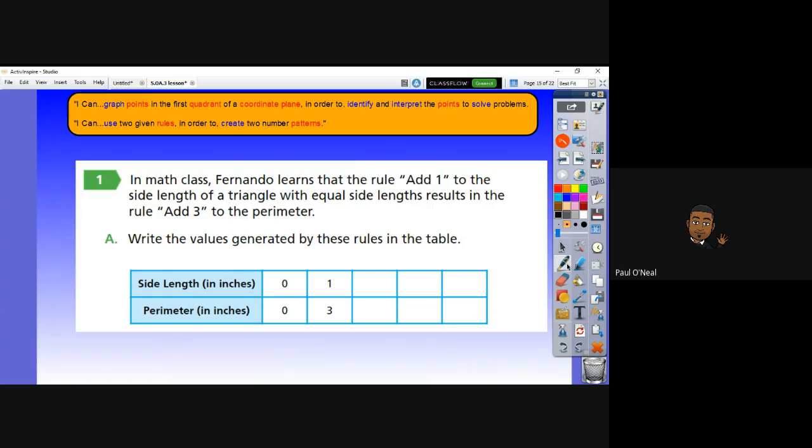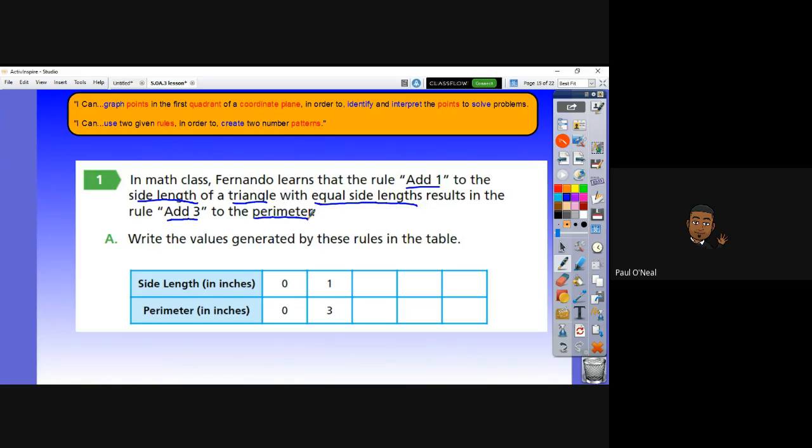So looking at this chart now, all right, again, let me just highlight some of what was being said. So add 1 to the side lengths of a triangle with equal side lengths, and then add 3 to the perimeter. So here we see the side lengths in inches. We have 0. Perimeter, therefore, would be 0. That makes sense.